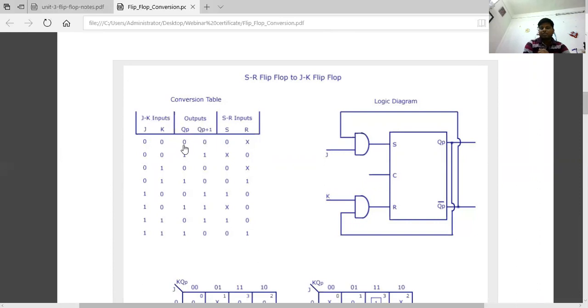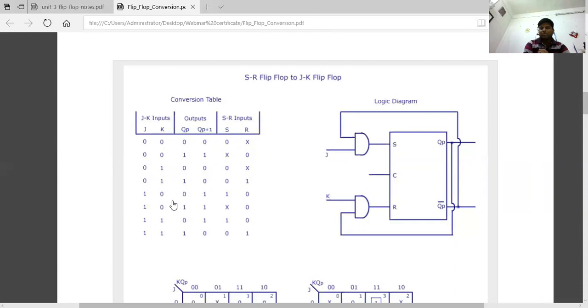If the present state is 0, then the next state is no change. When JK is 0, 0 and the present state is 1, no change. If JK is 0, 1, it is to be reset, for present state 0 and also for present state 1. When JK is 1, 0 and present state 0, it goes to set.